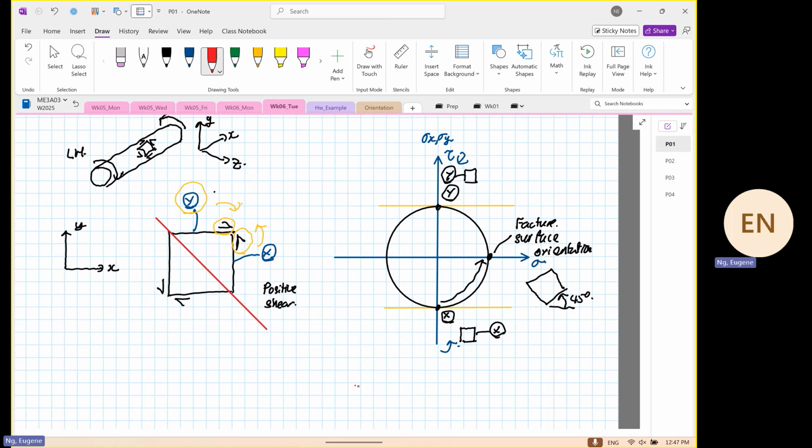And from X, it's going to rotate anti-clockwise by 45 degrees. Now, you can use this surface over here. You can call this X also. It's going to rotate in the same anti-clockwise direction by 45 degrees.